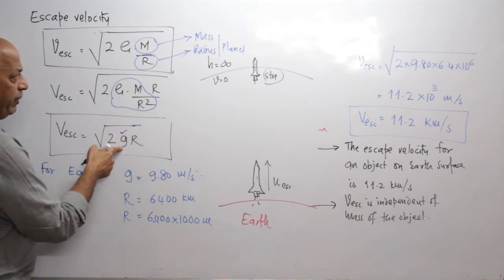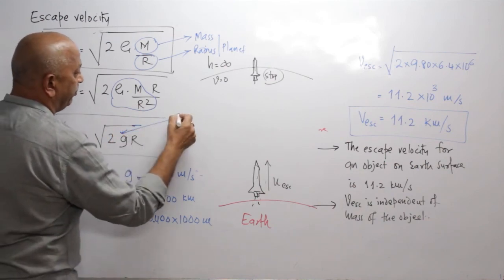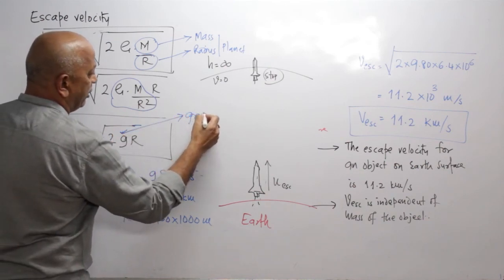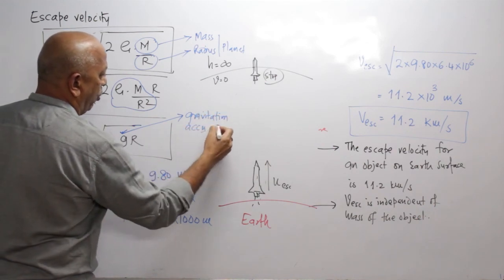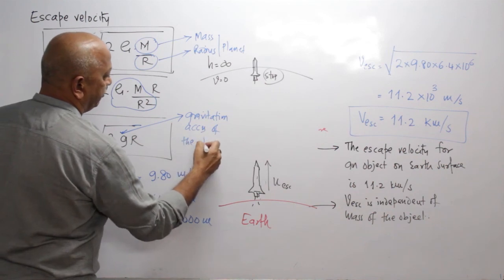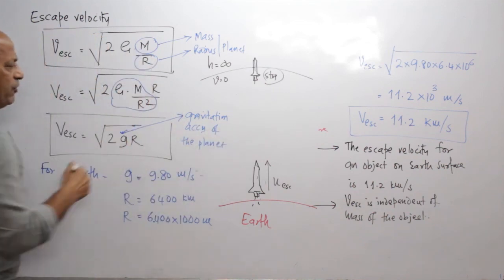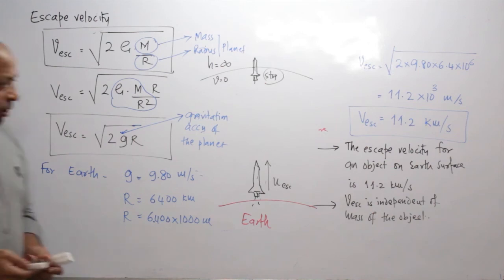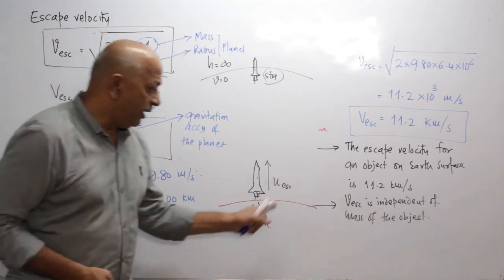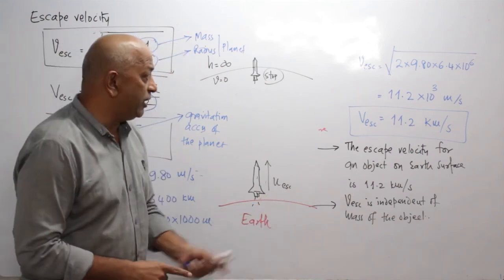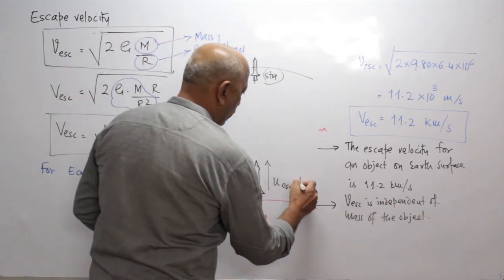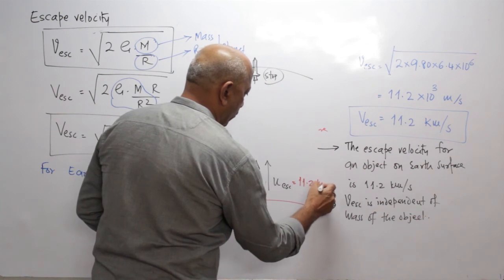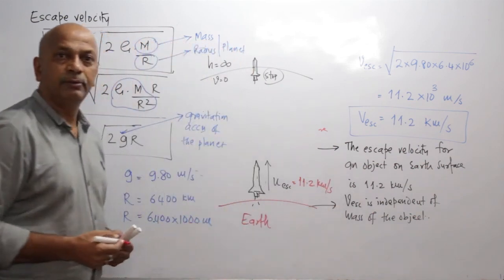If you use this formula, then it depends upon the gravitational acceleration of the planet. Both are the same formula, we have just converted. If the escape velocity is greater than 11.2, what will happen?